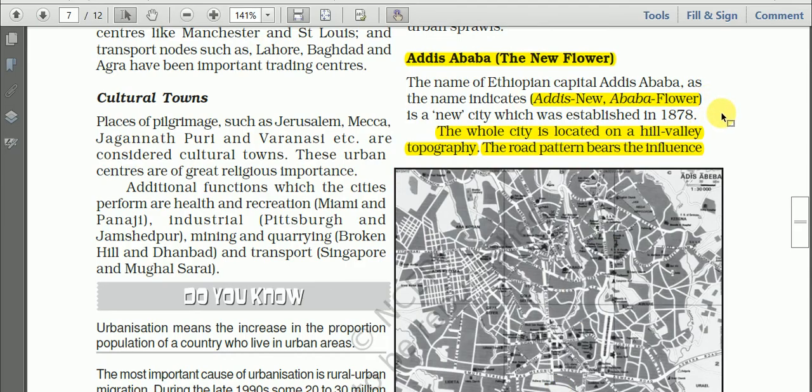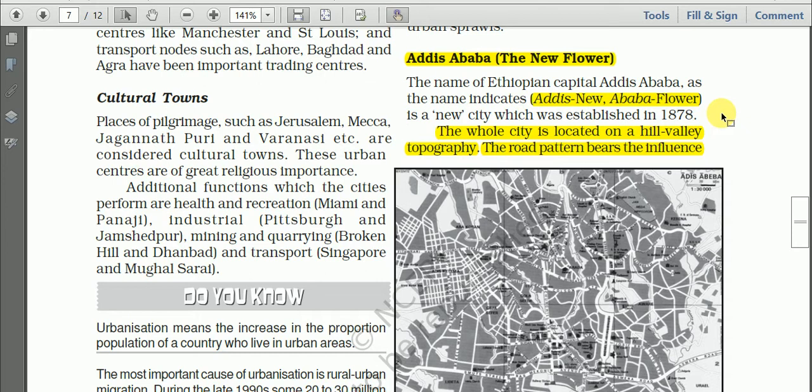So, the morphology of towns and cities. What do you mean by this term, urban morphology? Urban morphology is the study of the form of urban settlements.